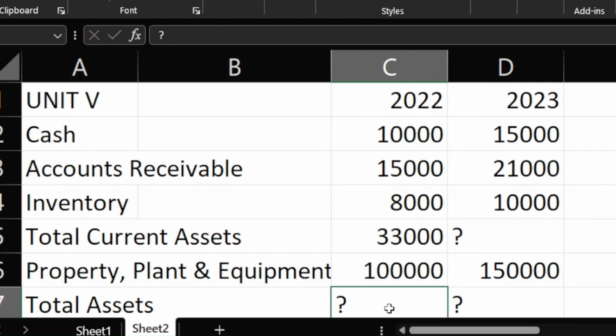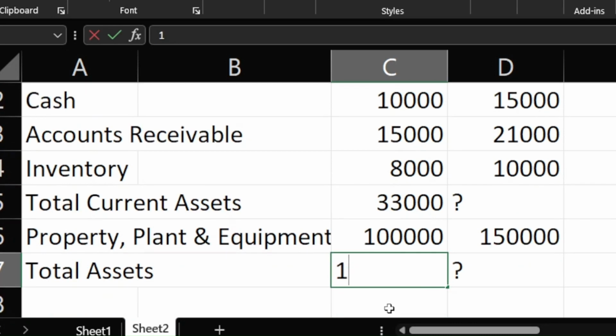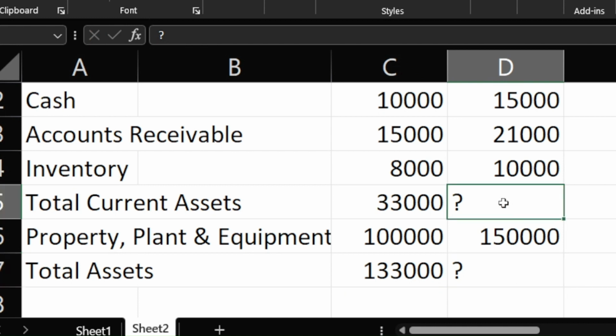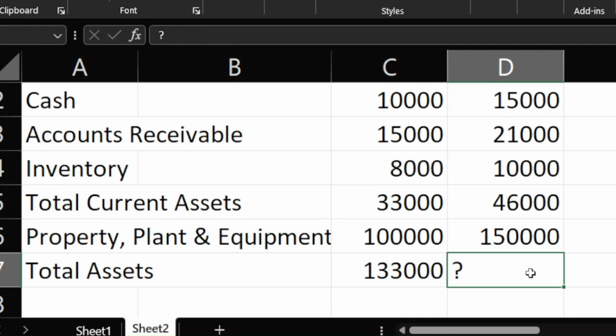And 1 lakh non-current assets, we call them fixed assets. So 1 lakh 33,000. And in another year, 15 plus 21 plus 10: 15 plus 10 is 25, 25 plus 21 is 46,000. So 46,000 plus 1 lakh 50,000 is 1 lakh 96,000.